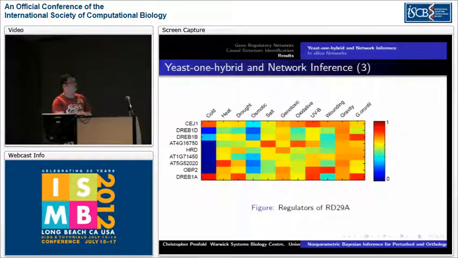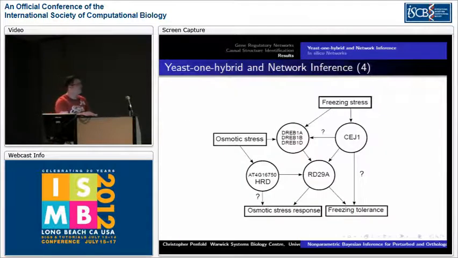In this case, these genes are probably not involved in the cold response, but they are potentially involved in the osmotic response. So we've essentially tagged some extra interaction onto a pre-existing network. This cold stress response, this section here, is available in the literature, and we've identified a potential switch where osmotic stress brings in other regulators.